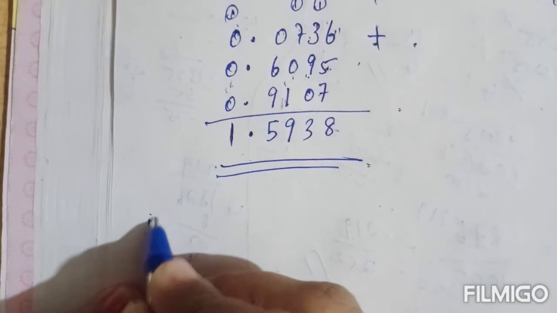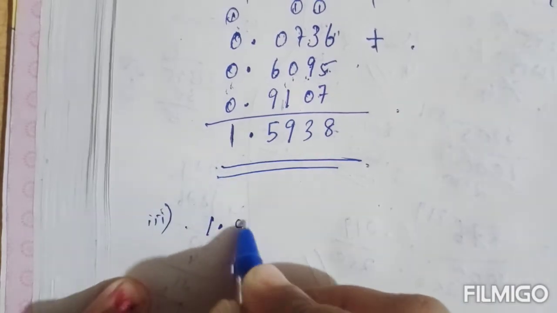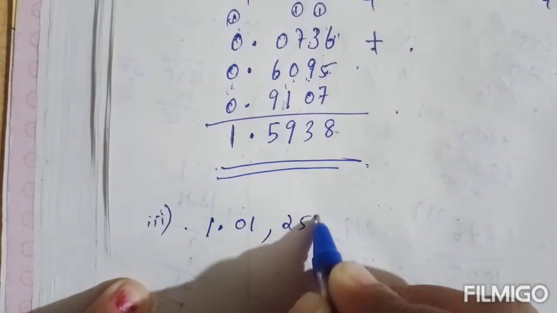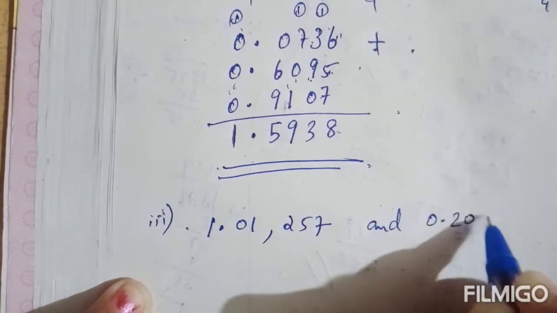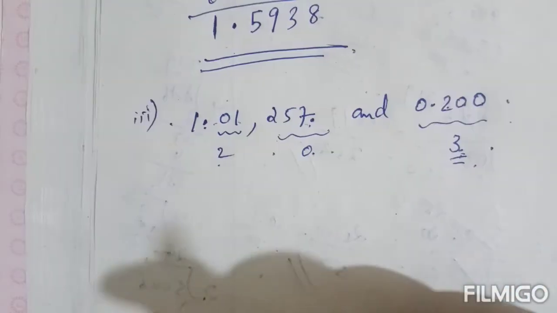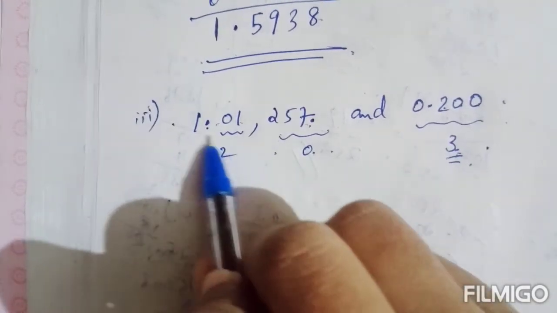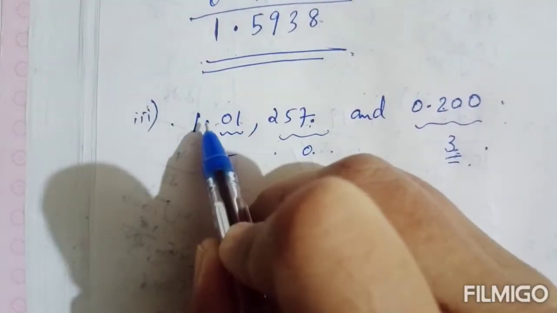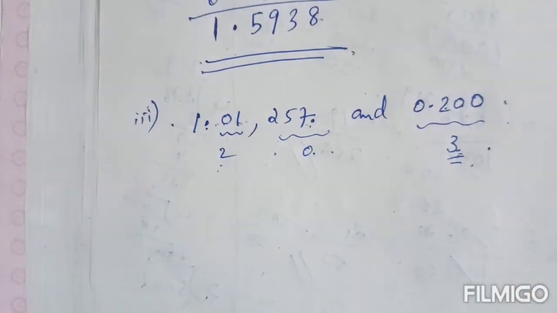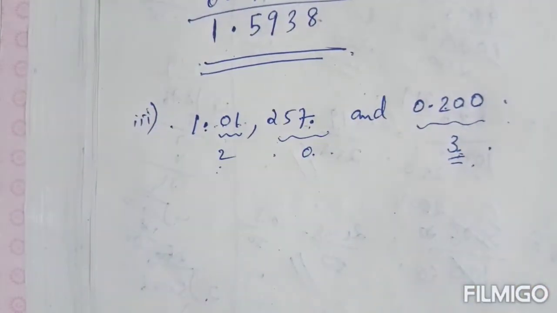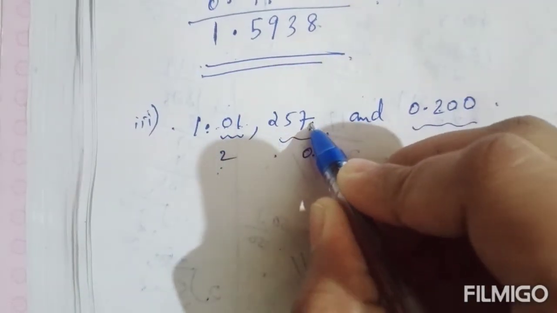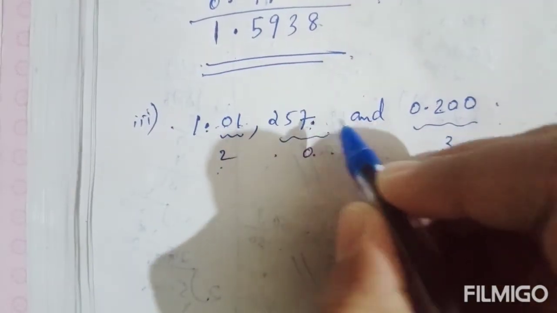Now the third one: 1.01, 257 and 0.200. Here in the first decimal number, after the decimal point 2 digits are coming. In the second number, after the decimal point no digit is coming.